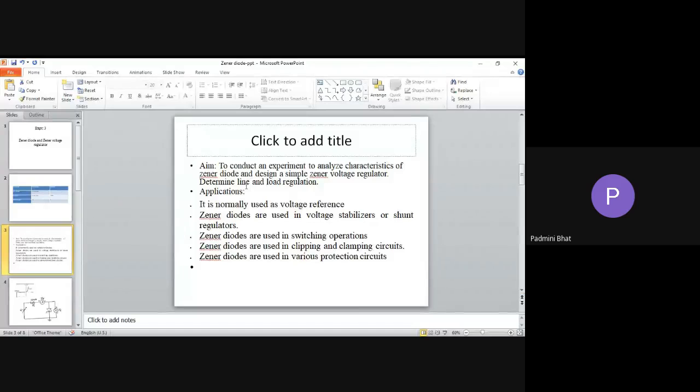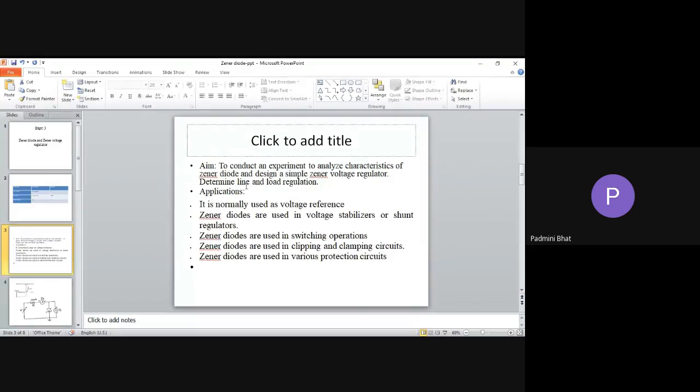Line regulation means for each circuit, for each voltage value, we will be having a range. So how the Zener diode will work within that range? The input voltage range, that is line regulation. In more detail we will be studying when we do the experiment.